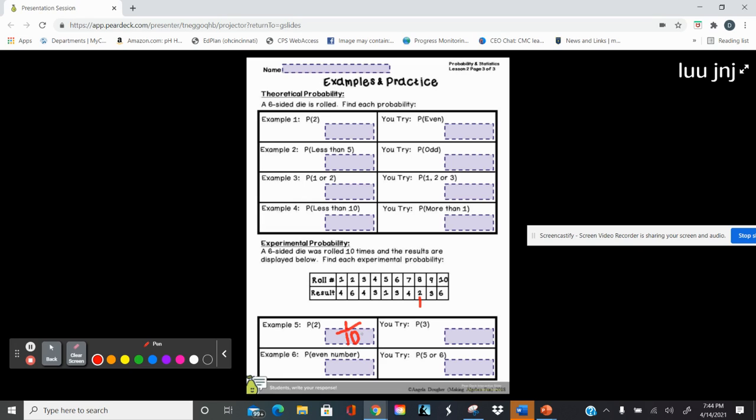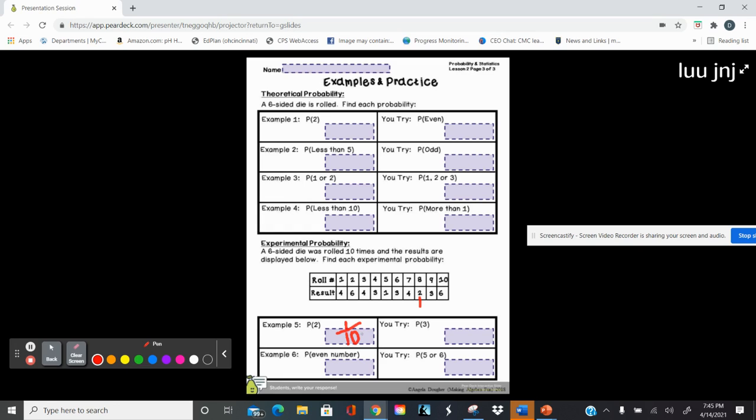So again, if we did this experiment and we allowed it to go on for 1,000 trials, then 9 times out of 10, it's going to be closer to what we had for our theoretical probability.